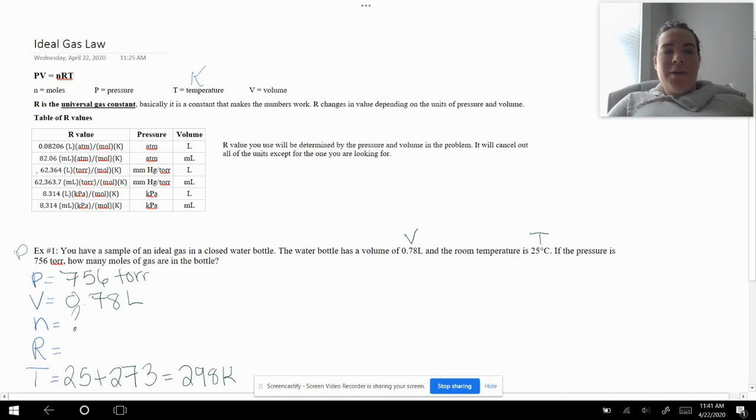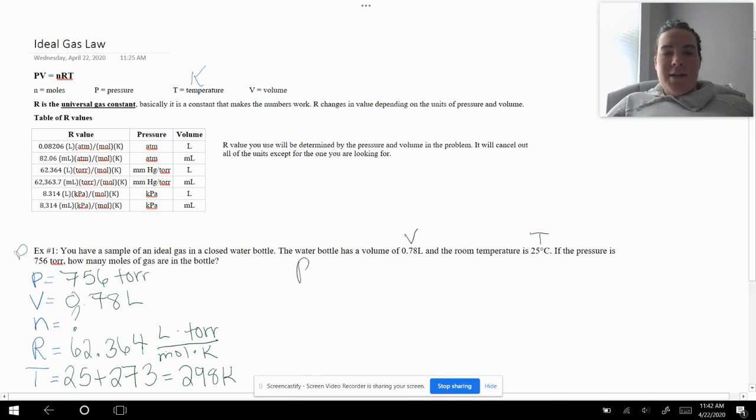The number we're going to use for R is 62.364. The units of that whole thing are liters times torr divided by moles times Kelvin, and that will make everything else cancel out except for moles.